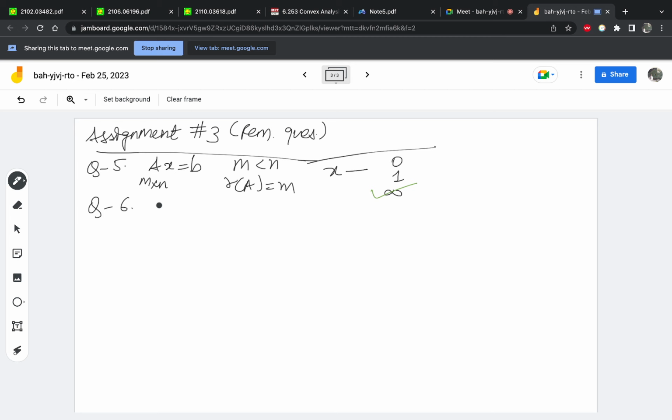Okay. We have another similar looking problem: minimize the norm of Ax minus b squared. Again, this is m cross n, but this time the matrix is tall, so m is greater than n. Instead of A A transpose, you can similarly prove, by the way, that A transpose A is invertible.